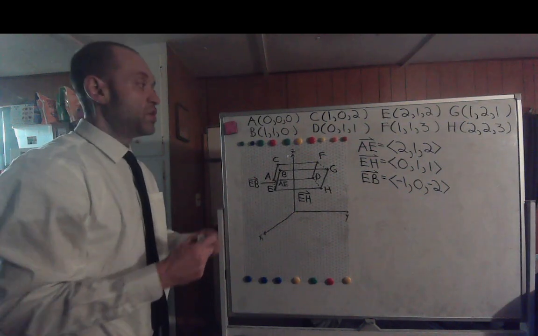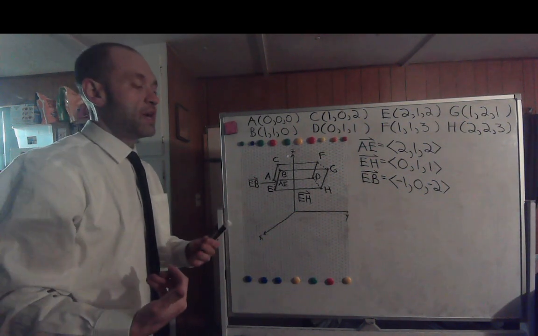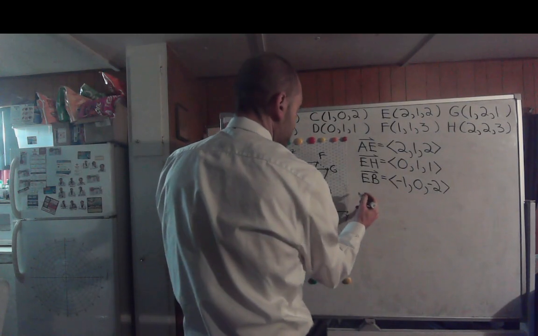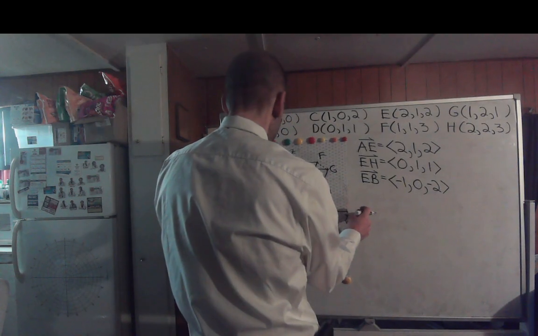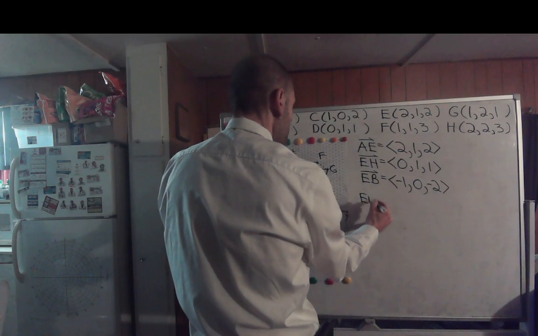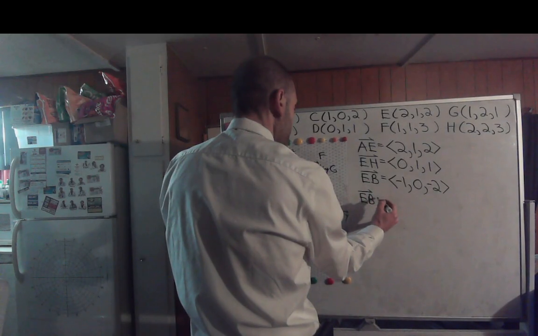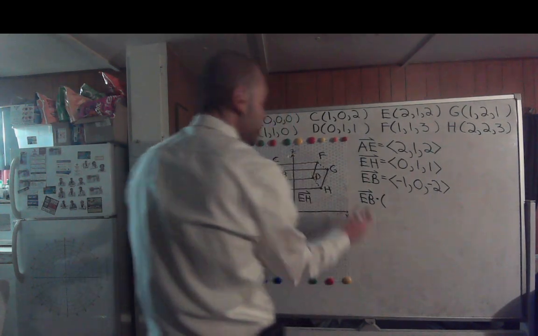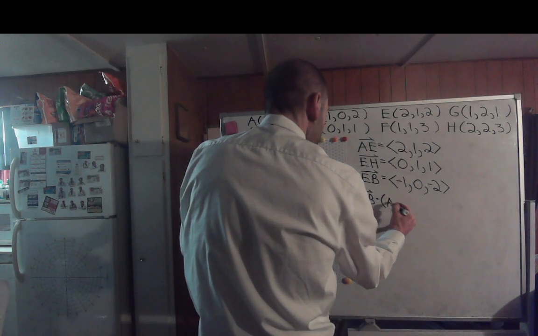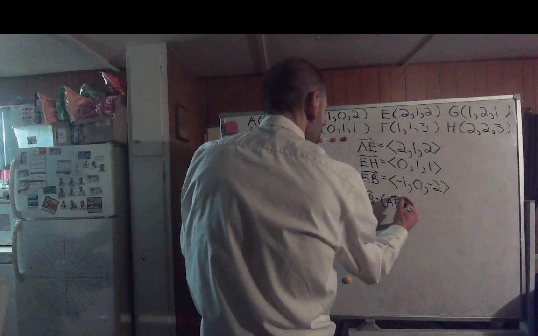Well, of course, the volume's the absolute value of the triple scalar product, but first we need to find the triple scalar product. If EB is my height, we'll put that outside here. We're going to take the dot product of EB with the cross product of AE and EH.